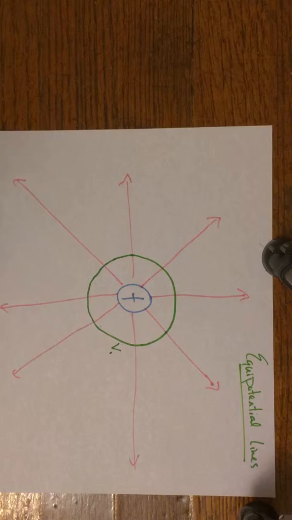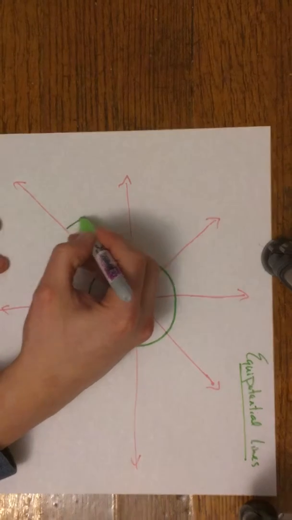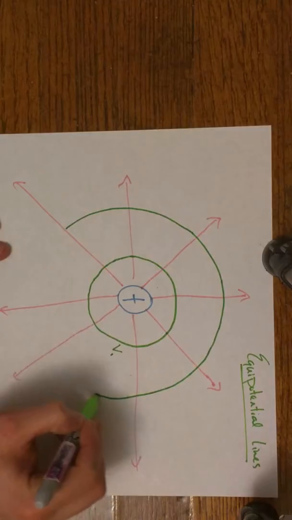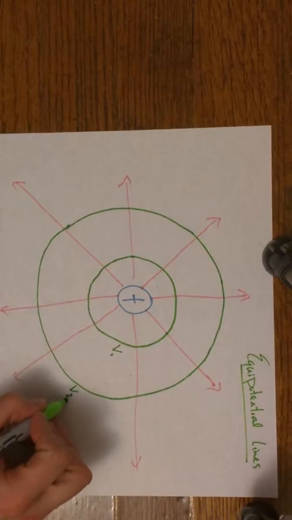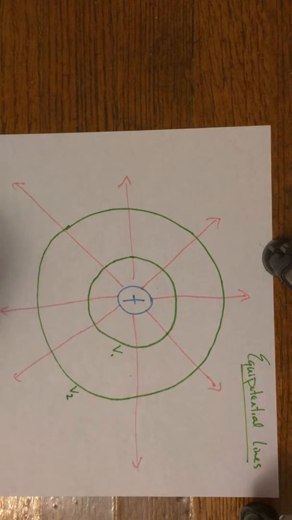That's not electric potential energy, this is potential, and I could label that V1. All of these points in space, notice that these should be circles, I'm trying my best, V2, all of these points in space have the same potential as well.